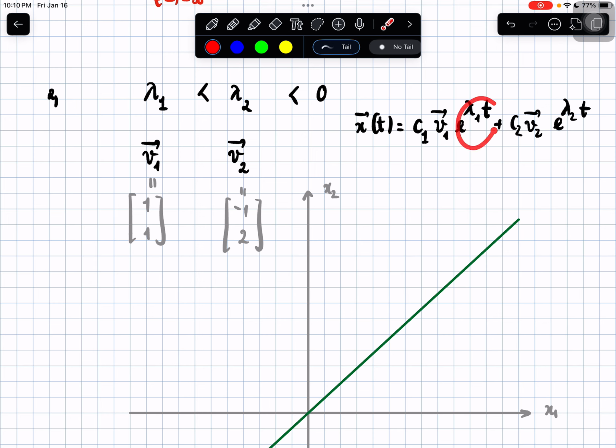Both of them are negative, so when t goes to infinity, this goes to 0.